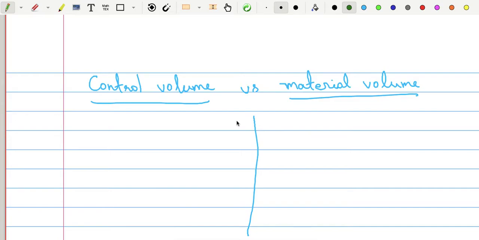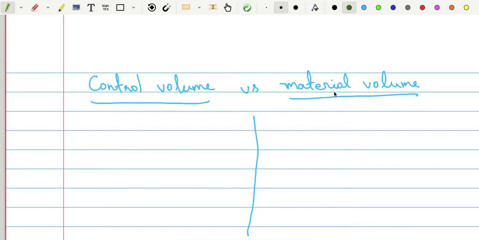So first let us look at what do we mean by control volume and material volume. In some problems, for example, when we are looking at aerodynamics or fluid dynamics, what we do is we analyze a certain region in space.